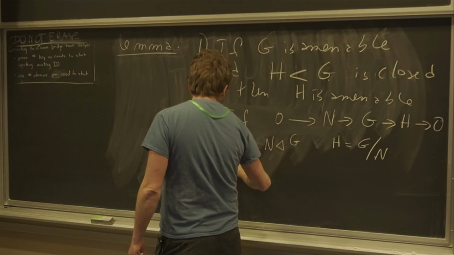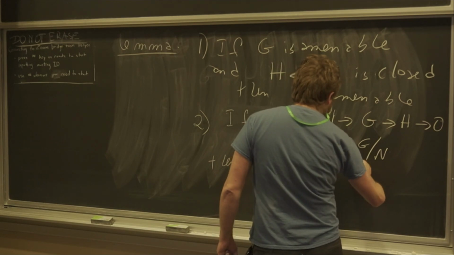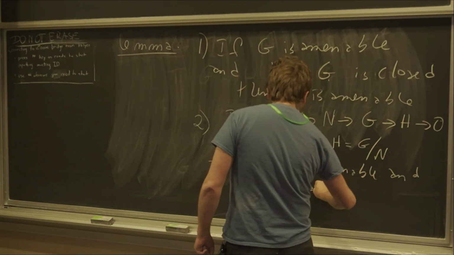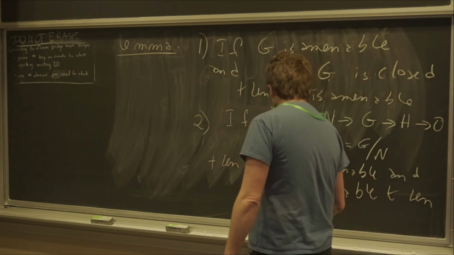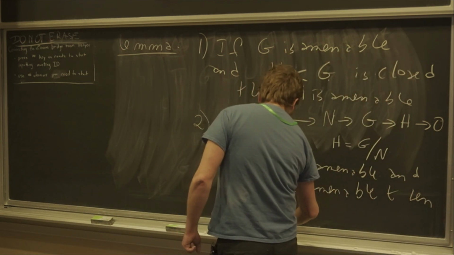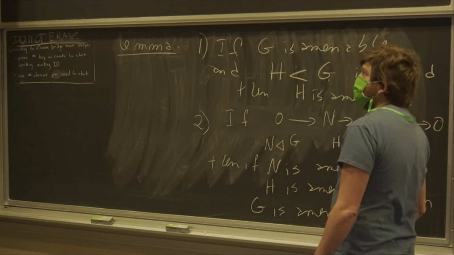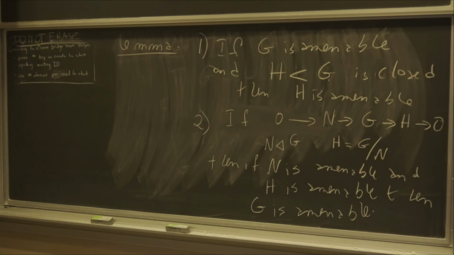Then if N is amenable and H is amenable, then G is amenable. So if these two are amenable, then this one is amenable, which implies that a product of amenable groups is amenable. But it's more important than just products.